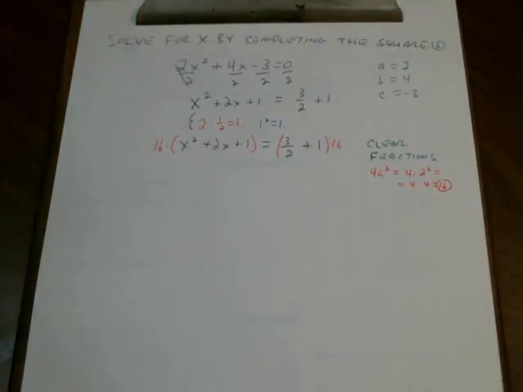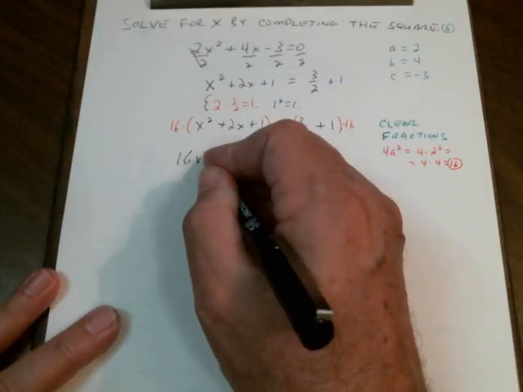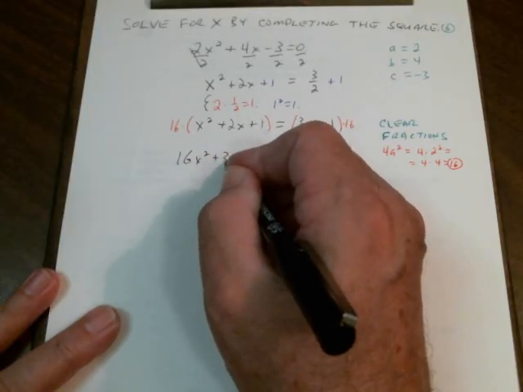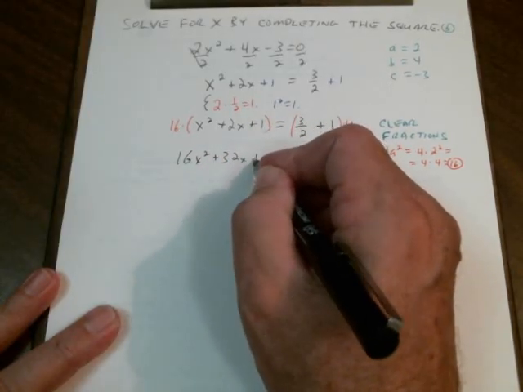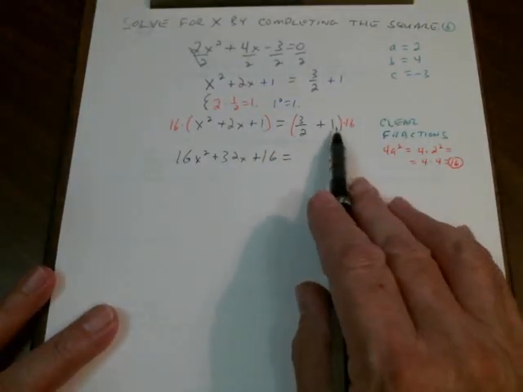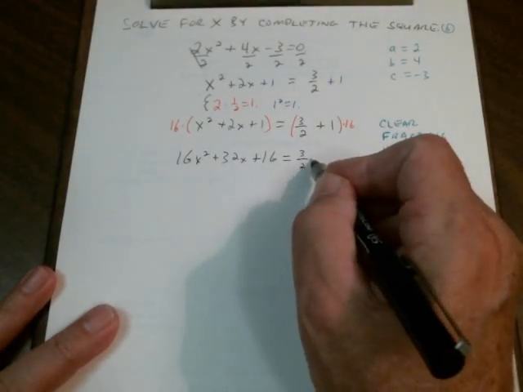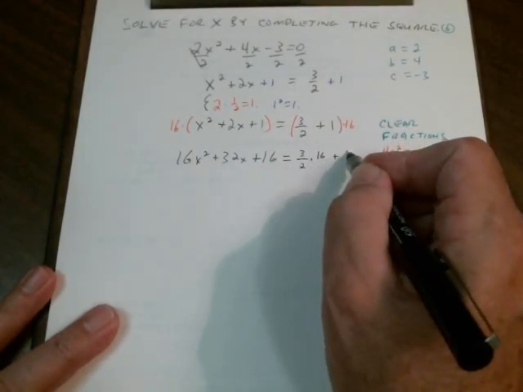Now we're going to distribute the 16 and see where we stand. So we'll get 16x squared plus 32x plus 16 equals. And now on the right here we have 16 times 3 halves. Instead of trying to do all this mental math, I'll just write that out.